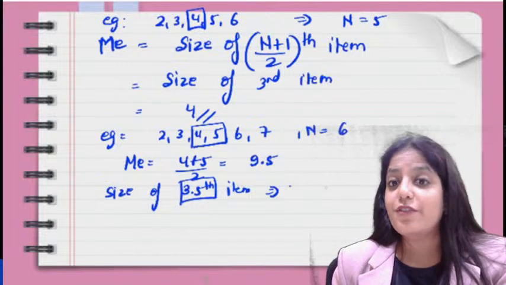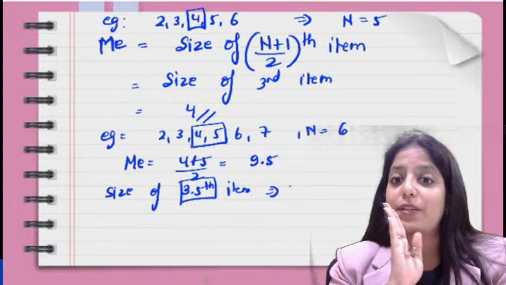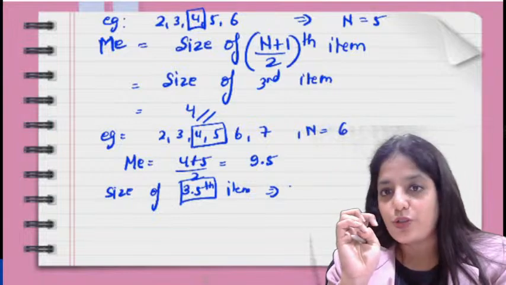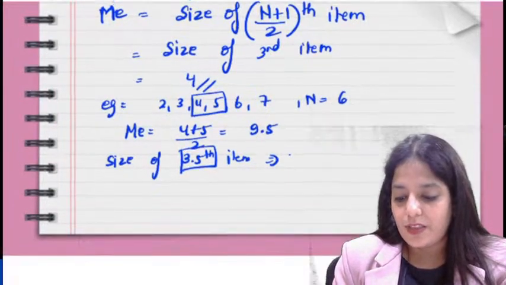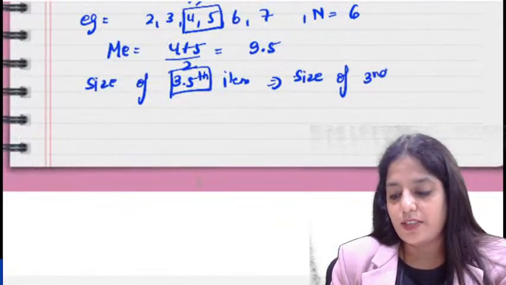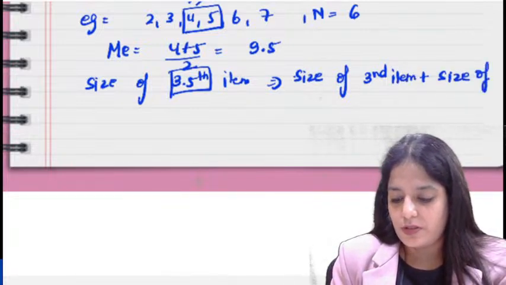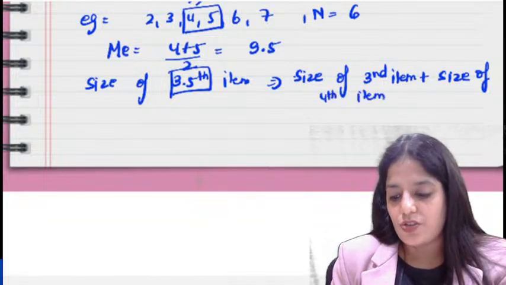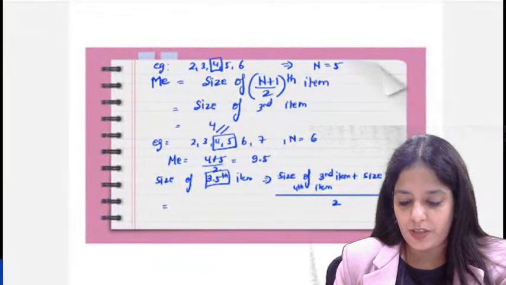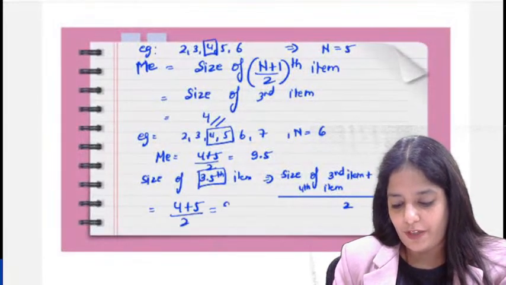So this formula turns into size of third item plus size of fourth item, divided by 2. At the fourth position and third position we have 4 and 5. So simply 4 plus 5 divided by 2, 9.5, that's the median.